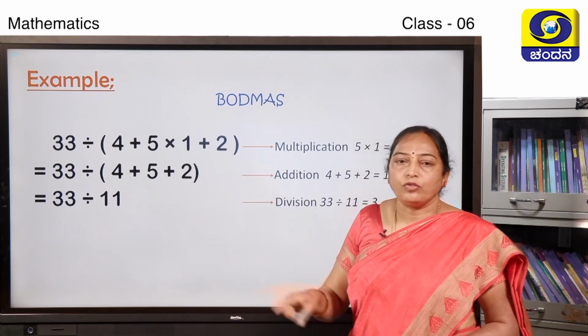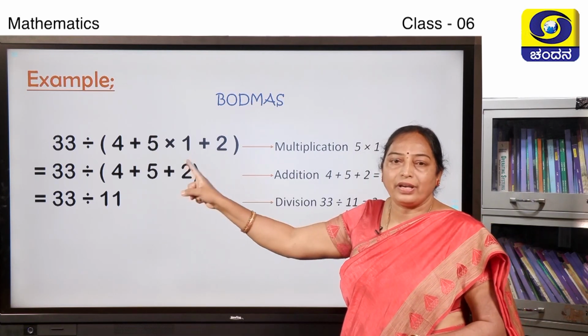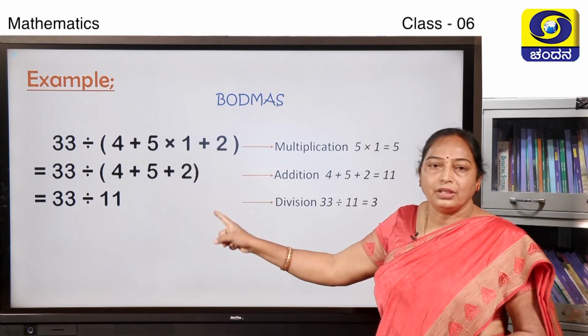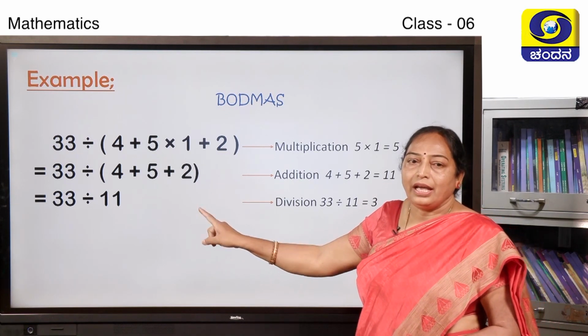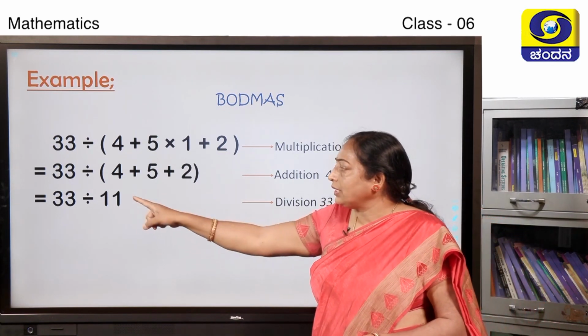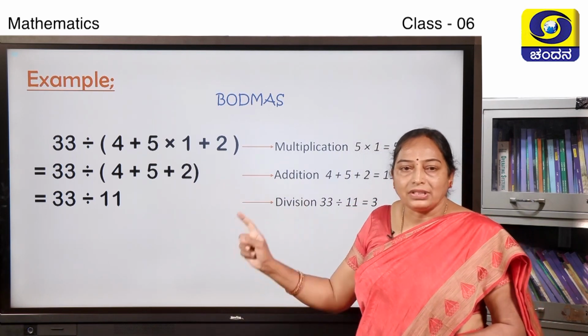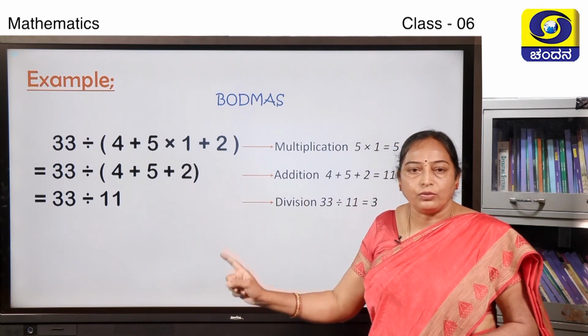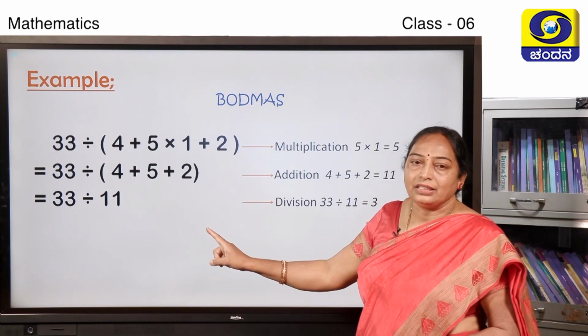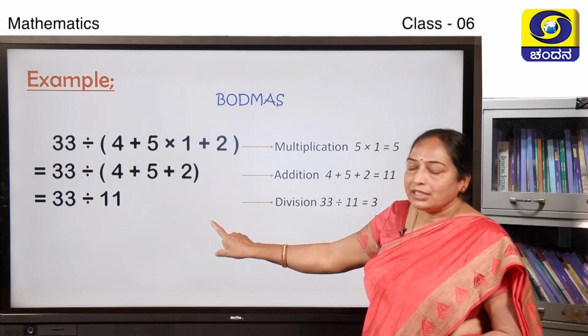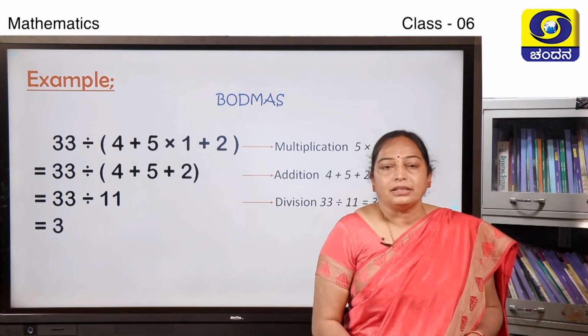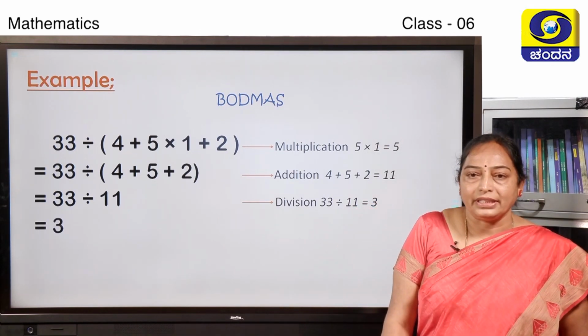What we get? 4 plus 5 is 9, plus 2 is 11, we will get 11. Again we go through division, 33 divided by 11. What we get now, children? 11 ones are 11, 11 twos are 22, 11 threes are 33. The quotient is 3. That is why we get the answer, 33 by 11 means 3.